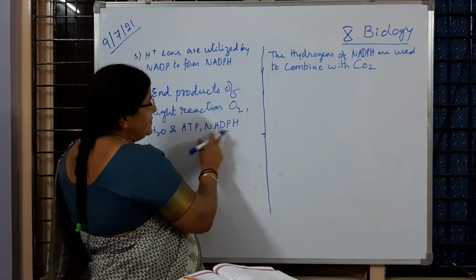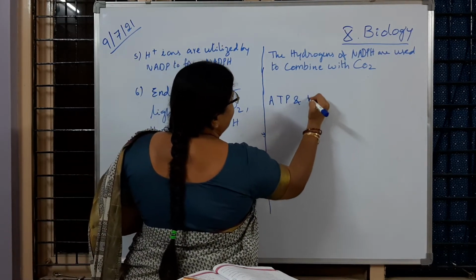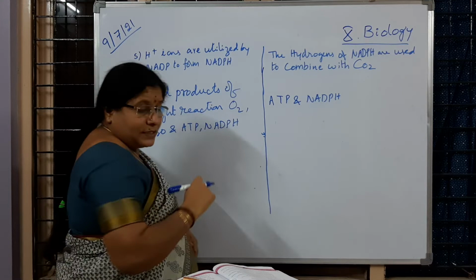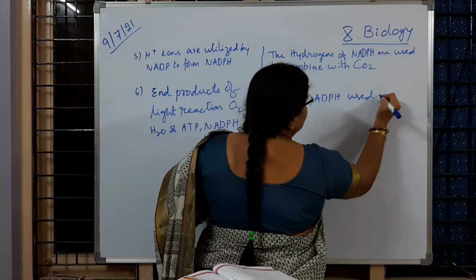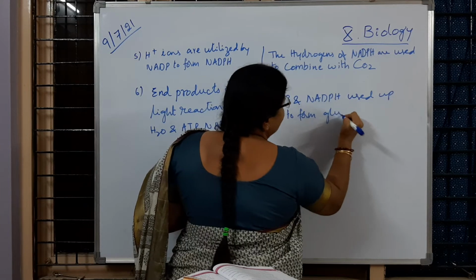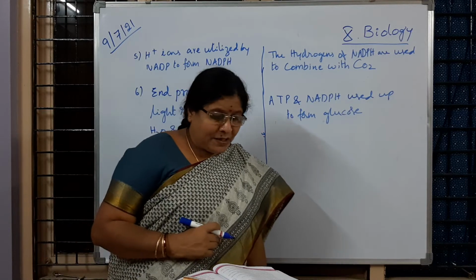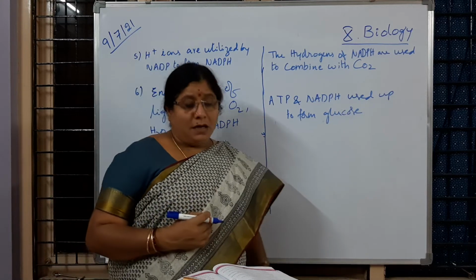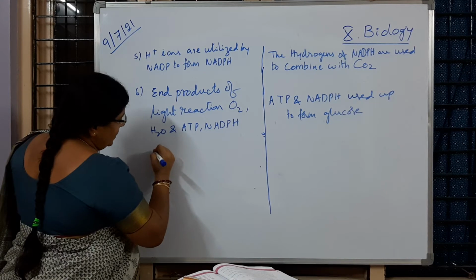Then the ATP and NADPH which are formed in light reactions are going to be used to form an organic molecule which we call glucose. Is it clear to children? Then in photolysis of water, oxygen is released.